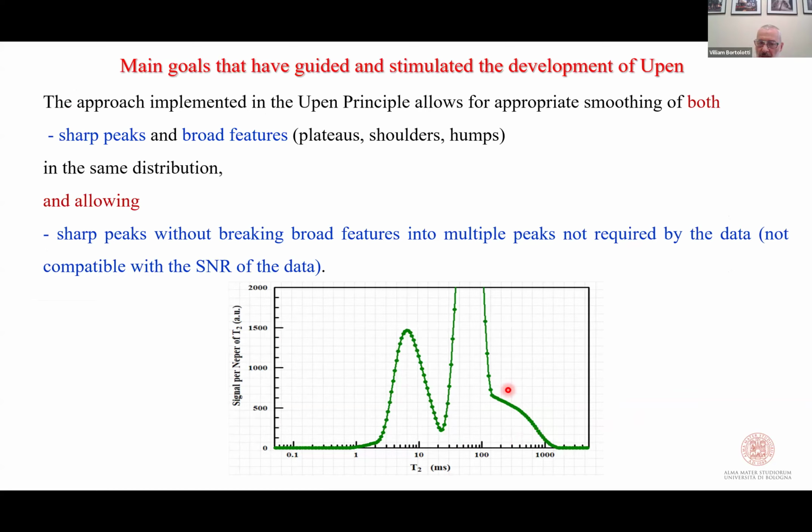This is a typical distribution of OPEN, and the main goal at the origin, conceived by Bob Brown, Bob for friends, was to have an algorithm that allows identifying separate sharp peaks and broad features without splitting the broad features into many peaks.